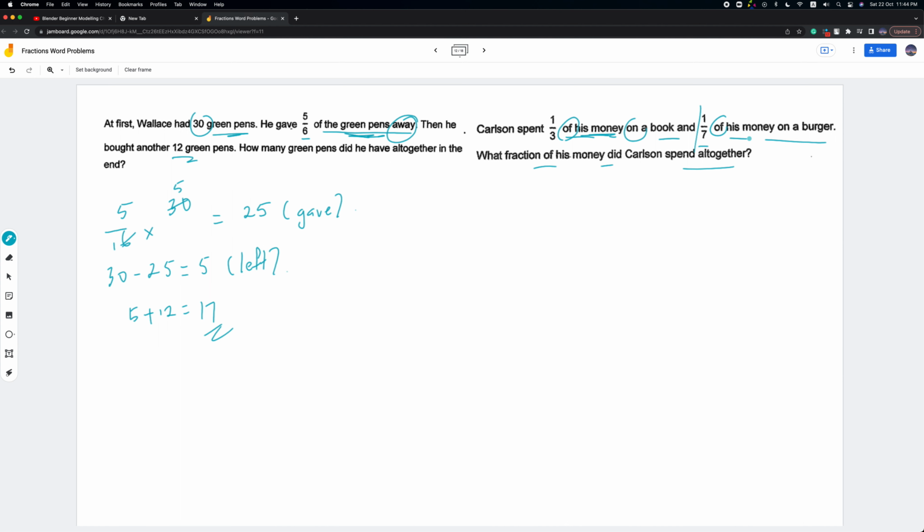And the second one is of his money. It's the same unit. So what fraction did he spend altogether? Since they are the same unit, we can just add them. And the denominator we change to 21. And we get 10/21. There you go.